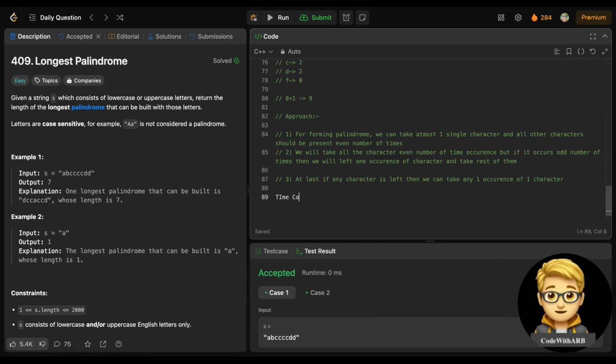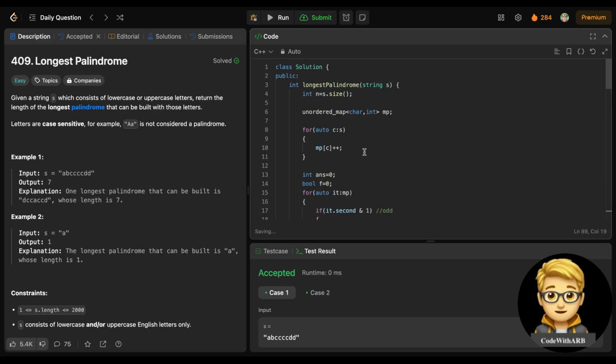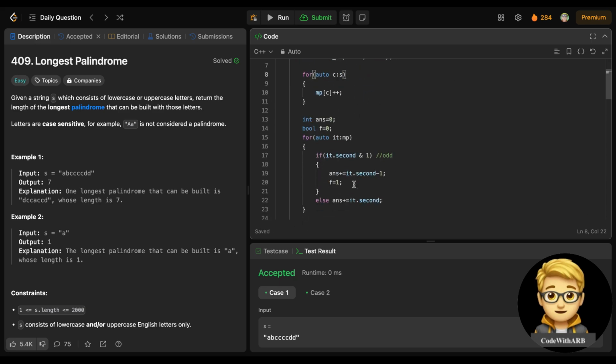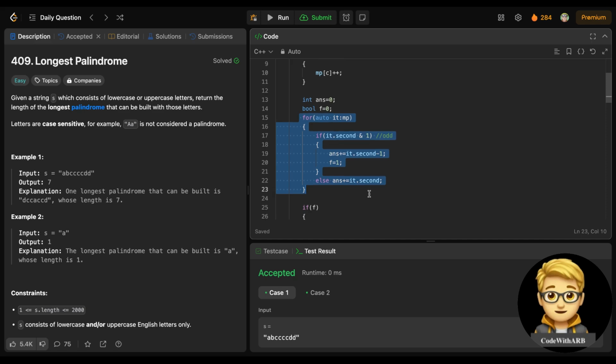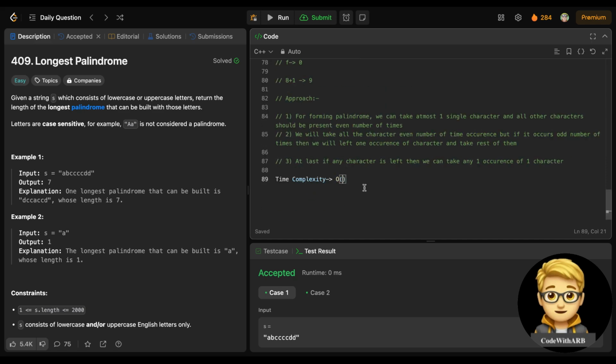Time complexity would be, if you see, we are iterating over the whole string, and then we are iterating over the whole map. Iterating over the string is O(n), plus iterating over the map, which consists of lowercase and uppercase letters, so that would be 26 into 2 only.